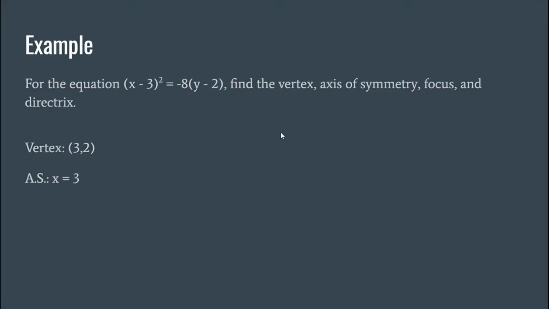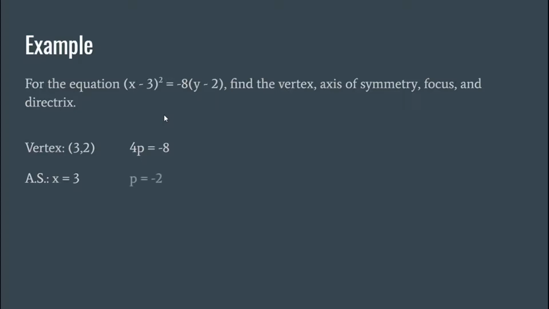Okay, so next thing we'll find is the focus, or we could find the directrix. Either way, we need to find P, because both the focus and the directrix use P. So the next step is to find P. Remember, it was this value here that will be equal to 4p, because p is a multiple of 4.